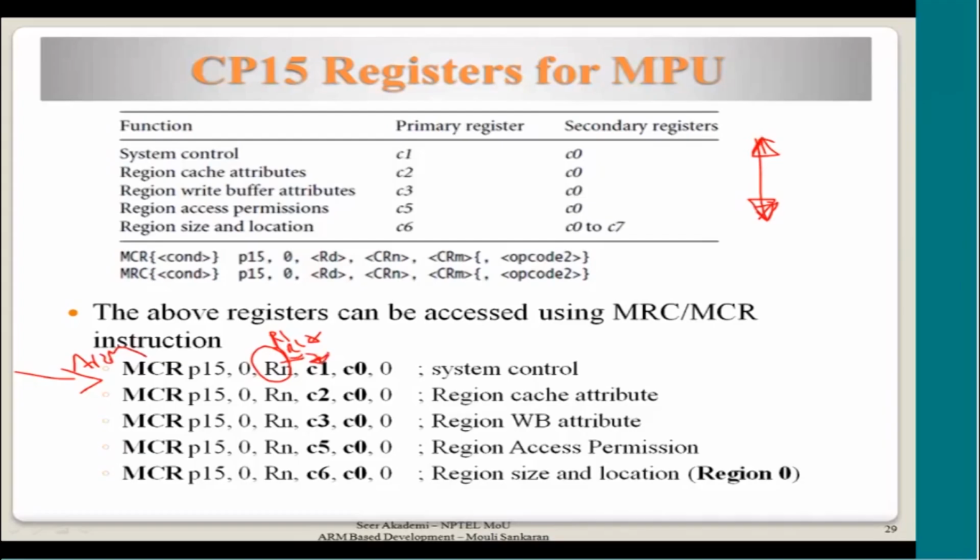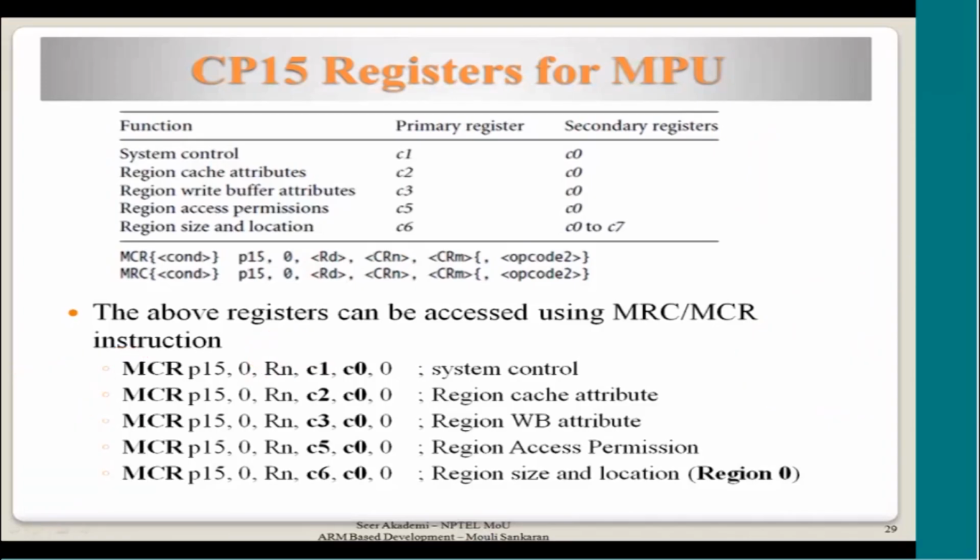It may be OS code or you may be writing this code, and then the MPU will grab this instruction, because it will see that it is C15, which is meant for it. It will read the value coming from R1 while execution happens. When this MCR instruction is executed, that value will be taken in by the coprocessor, and it will configure itself. So based on whatever instructions we give, it will be done.